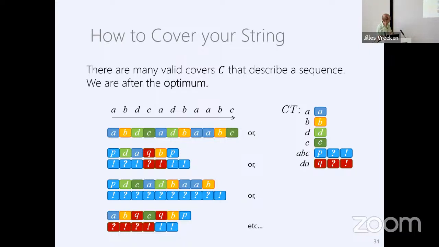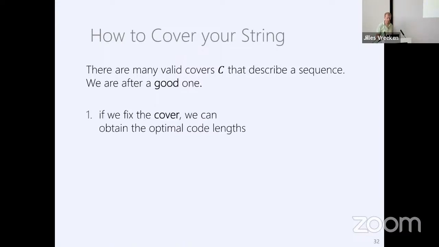There are essentially exponentially many covers, and determining which one is optimal is difficult. Basically, it's impossible. So we drop the goal of finding the optimum, and rather we settle for a good one. Under the observation I already made, if we fix the cover, then it's trivial to define the optimal code lengths.